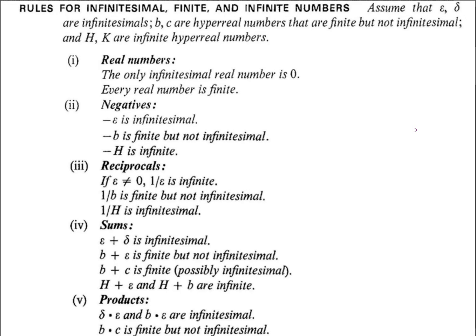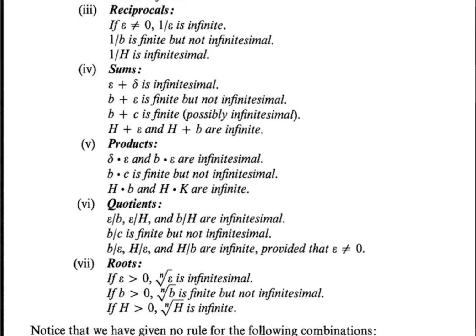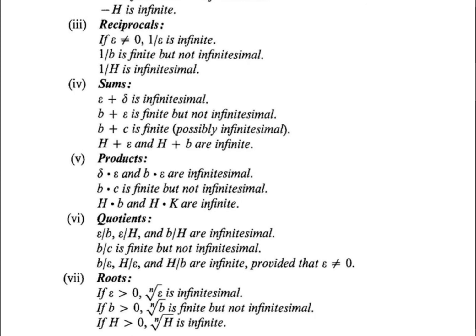If we let epsilon and delta be infinitesimals, b and c hyperreal numbers that are finite but not infinitesimal, and h and k are infinite hyperreal numbers, then working through, we know that if epsilon is an infinitesimal, then its reciprocal is infinite. We know that if b is finite, its reciprocal is finite but not infinitesimal. And if h is infinite, then its reciprocal is infinitesimal.